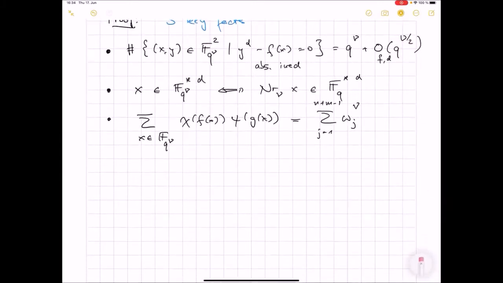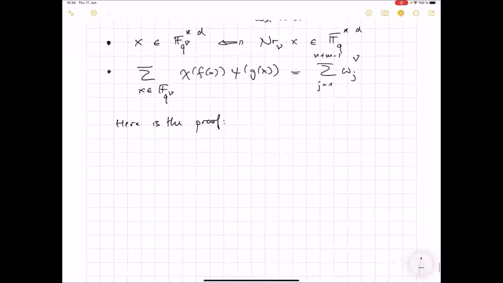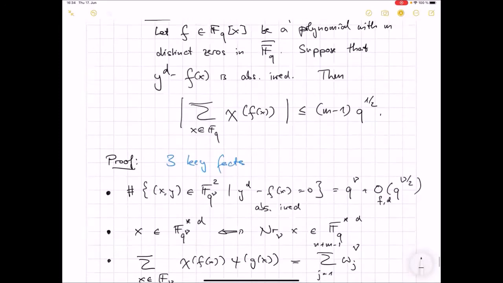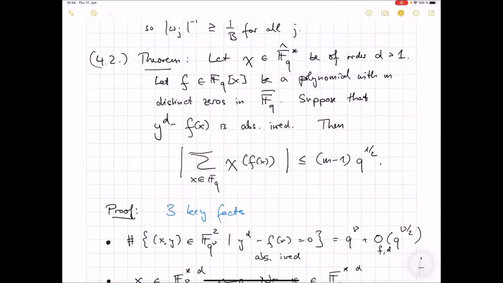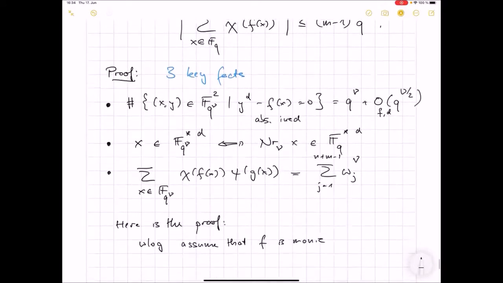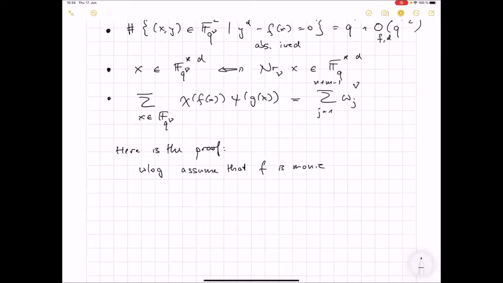Okay, so let's start with the proof. So here is the proof. Okay, first of all, without loss of generality, assume that f is monic. If not, simply factor out the leading coefficient, and this doesn't change, as we know, the notion of absolute irreducibility. So without loss of generality, assume that f is monic.